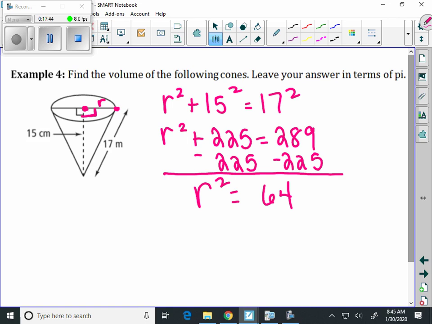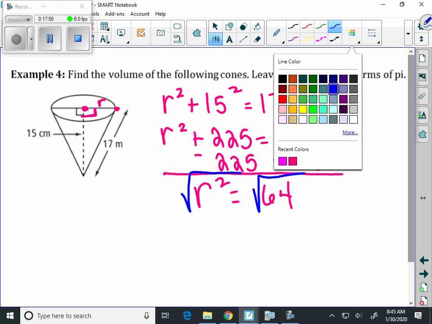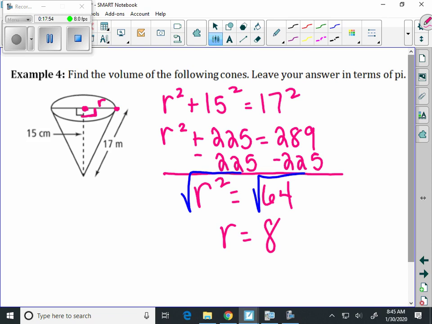And then we want to undo the squaring part of that, so we're going to take the square root of both sides. And when we take the square root, again, don't hesitate to type that into your calculator or into Desmos. What we find here is that our radius is 8.